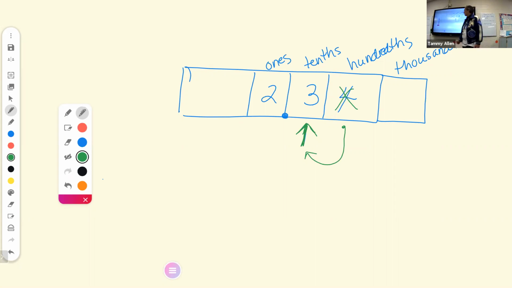Let me ask you this: if it was 234, the 4 would tell us to keep the 3 the same. Do I keep the 4? No. I use a 0 here to keep the 3 in the tens place, right? But I don't keep the 4, do I? But did I need to put a 0 there in our decimal? No. Does that help you? Okay?